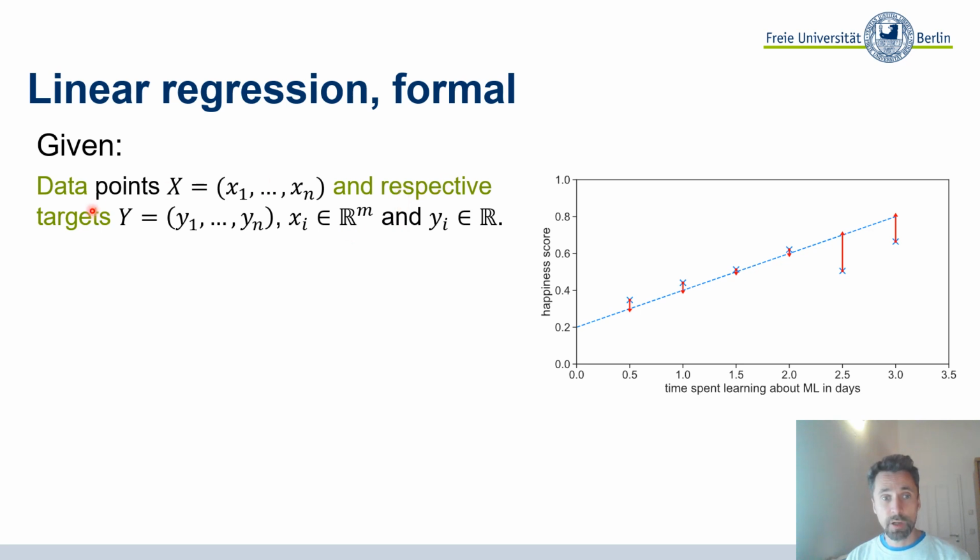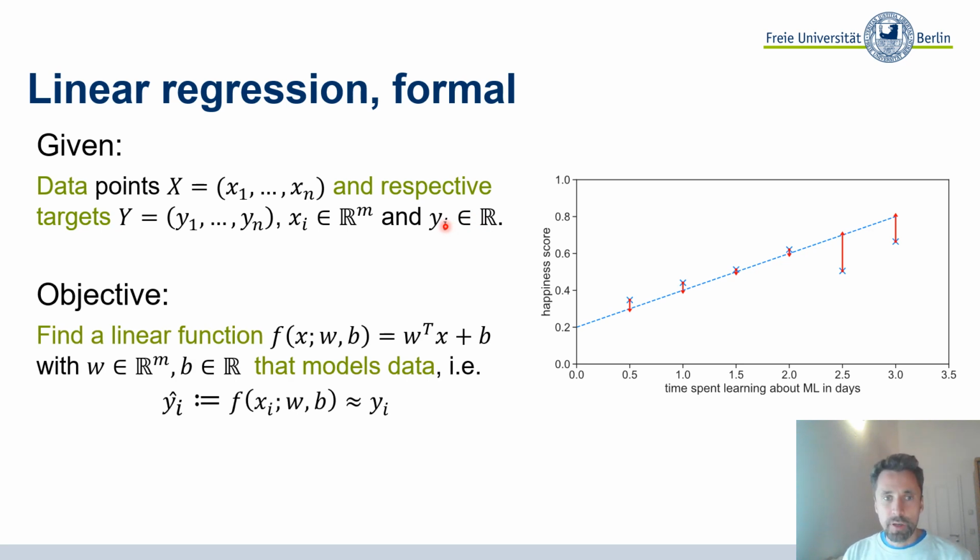We have respective targets in the set of scalar values y1 through yn. They don't, in general, need to be one-dimensional and could be from any vector space, but here we'll limit ourselves to just one dimension.